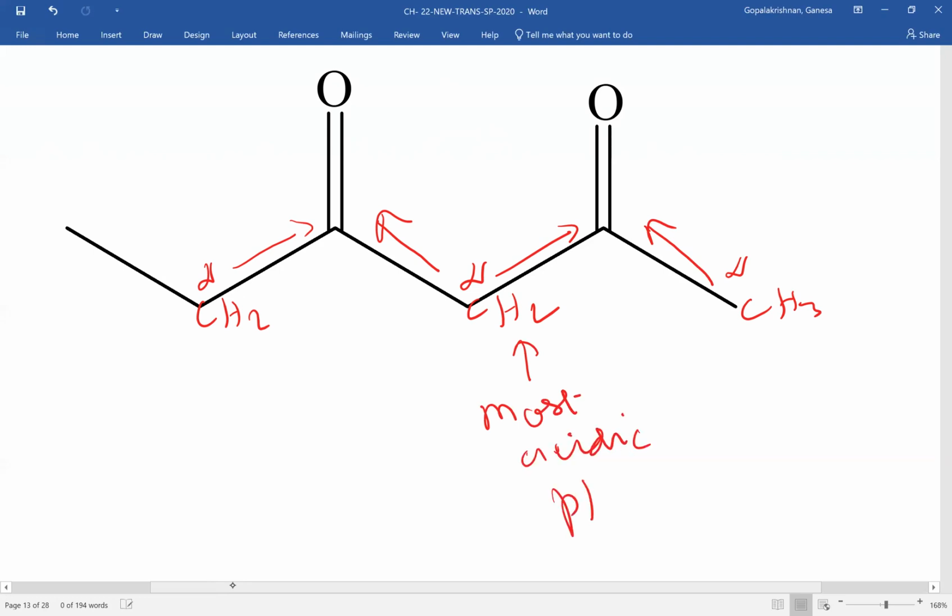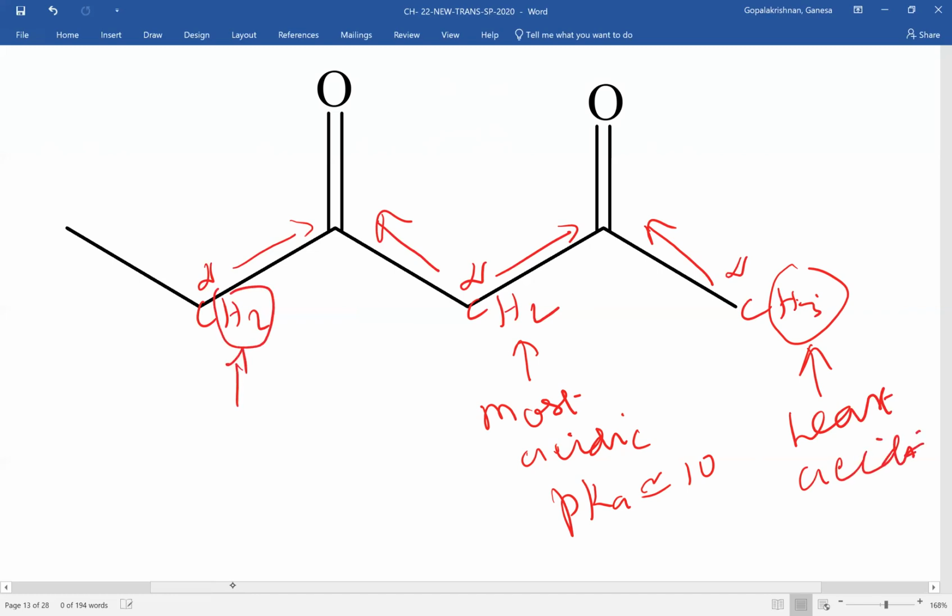Its pKa is about 10. And then this one, because it has more hydrogens than the other, is the least acidic of the three. These two are simply acidic.